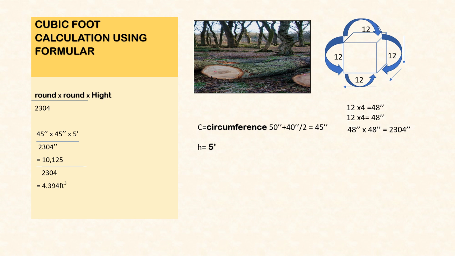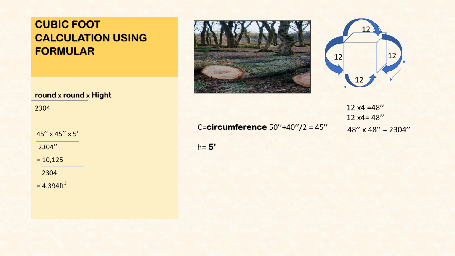Now you all are wondering what this 2304 is. If you look at the right corner of the slide, you will see a picture of 1 cubic foot, that is 1 cube. You can see the arrows, the way the arrows are drawn. You will have 4 surfaces where each surface is represented as 12 inch, so that you can see 4 sides of the cube.